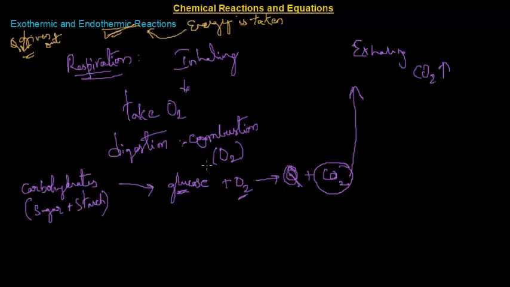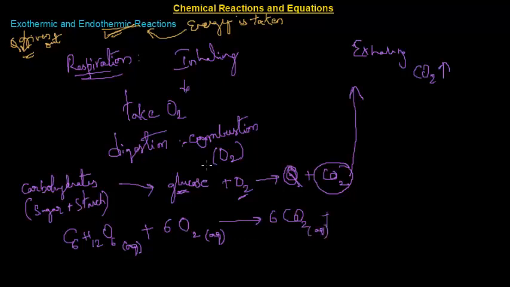Let us see the equation for this process. C6H12O6 is the formula of glucose. This is in aqueous state in the body, plus oxygen will give carbon dioxide, plus water, plus energy.